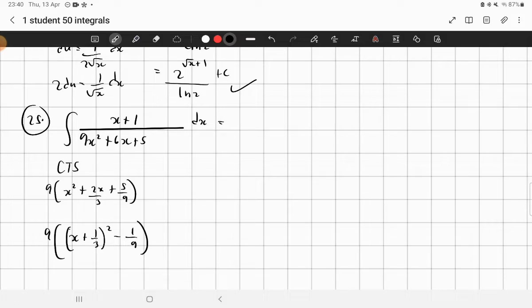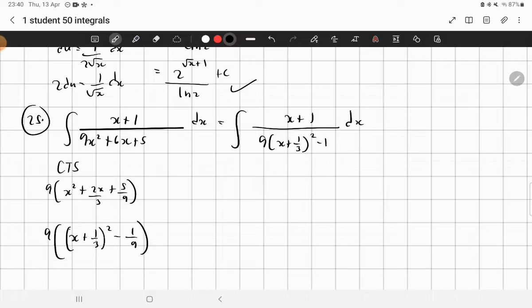I'm sighing because this is damn tiring. Right. So I believe that we could express it in this form: 9 times x plus 1 over 3 squared minus 1 dx.